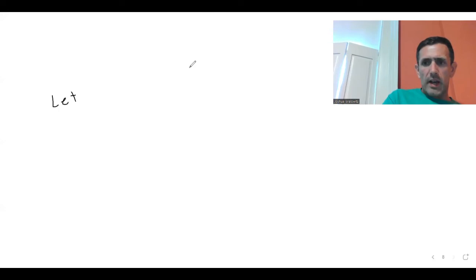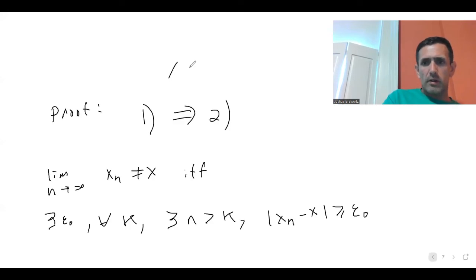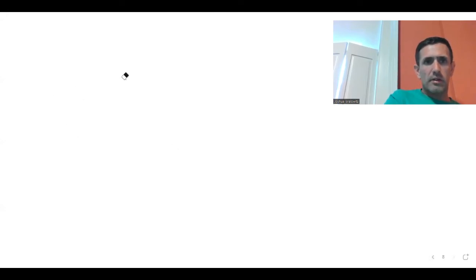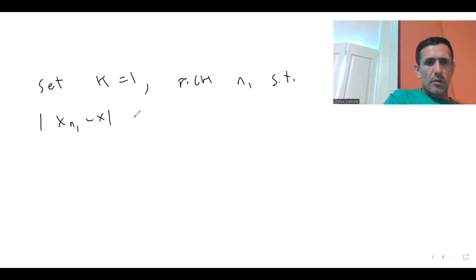So I can set k to be whatever I want. Let's start off with k being 1. Pick n where this is bigger or equal to epsilon 0.